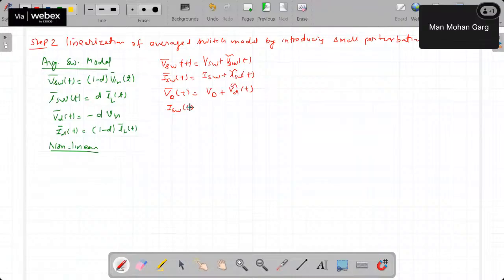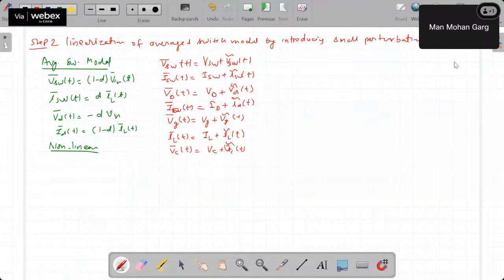The diode current: its DC value plus some perturbation. Similarly, we have Vin plus perturbation in Vin. Similarly, the inductor current IL average: that is capital IL plus perturbation in this. Whatever variable we have, we will take a perturbation in every variable.